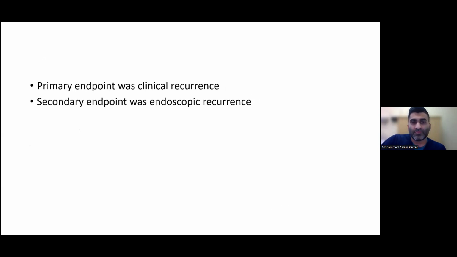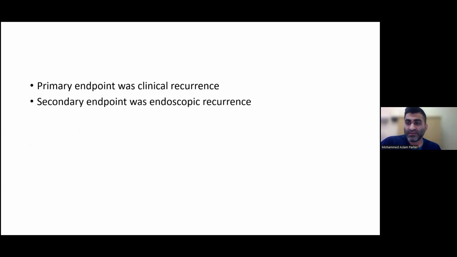The primary endpoint of the study was clinical recurrence, and then the secondary endpoint was endoscopic recurrence. So clinical recurrence was defined as a composite outcome consisting of a CDAI score of more than 200 and a 70-point increase from baseline.